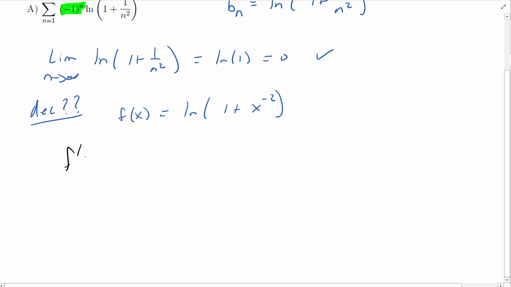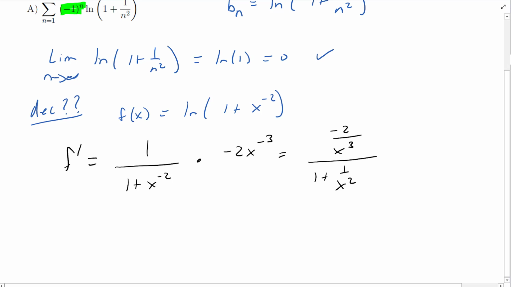So now we take a derivative of this. So this is 1 over 1 plus x to the minus 2 times the derivative of the inside, which is minus 2x to the minus 3. Or I see it's a minus 2 over x cubed over 1 plus 1 over x squared. Now I could do a lot of algebra, I could do a lot of simplification, but if you think about it, we see that this is going to be less than 0 for x greater than 0.